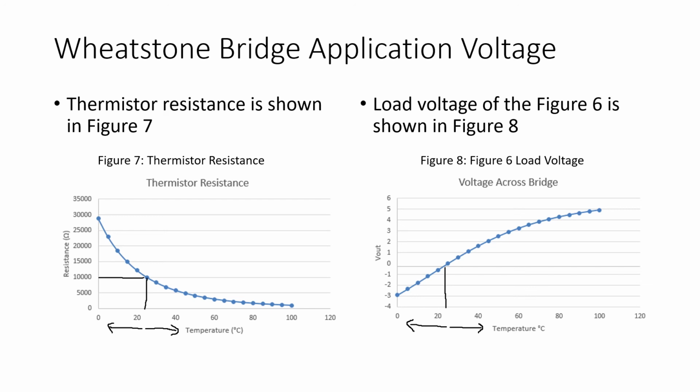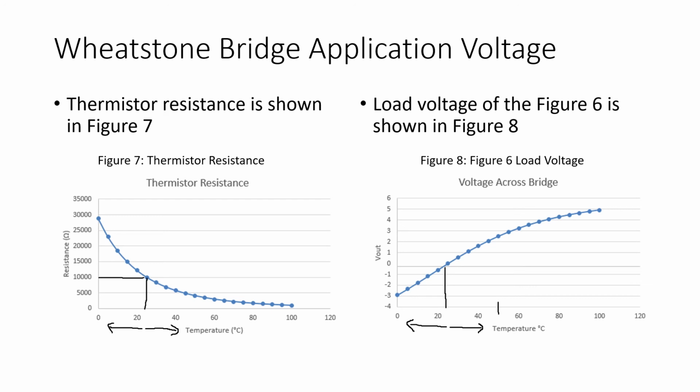Now, if you look at the graph of Figure 8, notice that from 0 degrees Celsius to somewhere around 50 degrees Celsius, the response of the bridge circuit, or the voltage across the bridge circuit, is fairly linear, even though there's a very nonlinear response in the thermistor voltage, or the thermistor resistance, from 0 to 50 degrees.